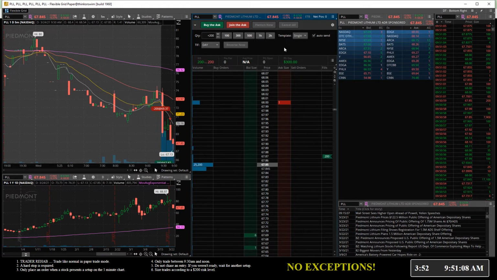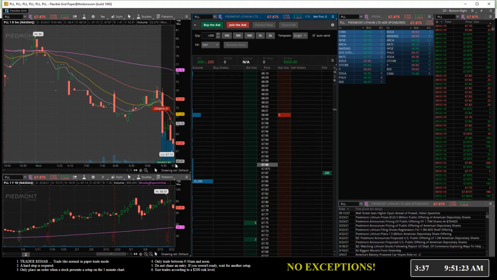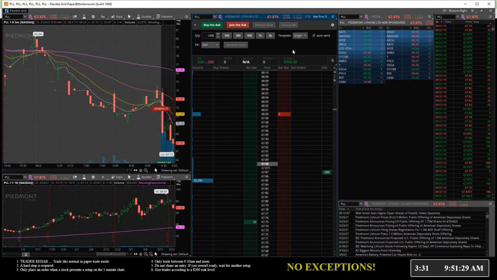Because if I did that, then I could have made more. I could have gotten half out at the $300 mark and then held it, because it got down to 67.13. It popped down there though, or flushed down there. It didn't stay there, so it would have been hard to catch.